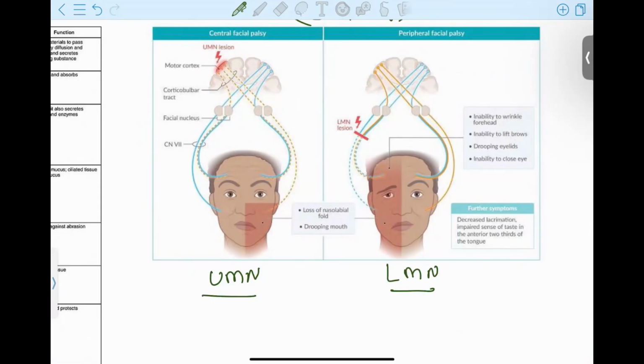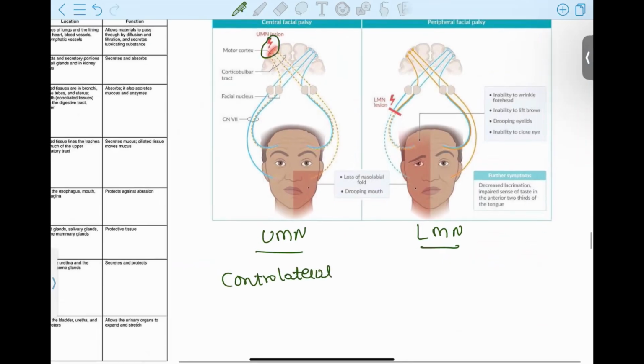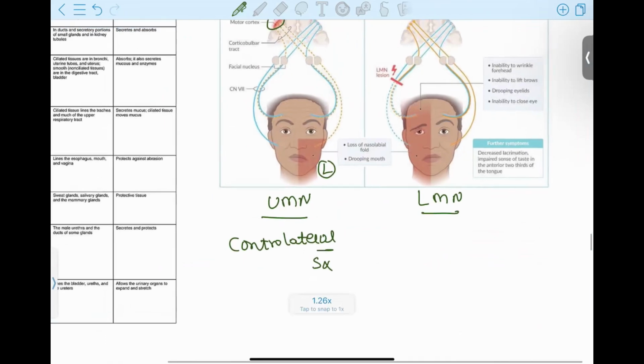In the upper motor neuron injury, the structure involved is the contralateral injury. So the lesion is on the right side, let's say, but the symptoms are going to present on the left side. So the contralateral symptoms are present. In the contralateral, only the lower face is involved. All right, the lower face is involved, and the forehead is spared.